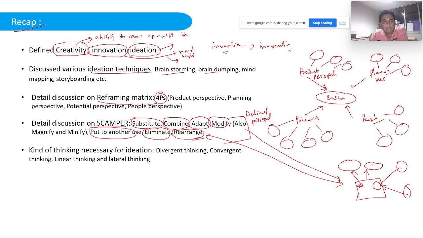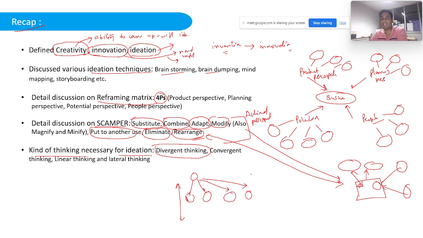Then I discussed different kinds of thinking which are necessary for ideation. We discussed divergent thinking, which is basically thinking from different perspectives. Instead of going vertically deep down for one concept or idea, you try to generate multiple ideas.